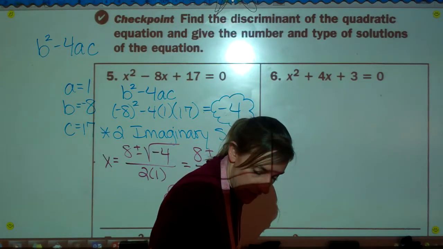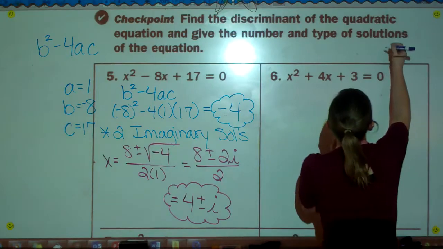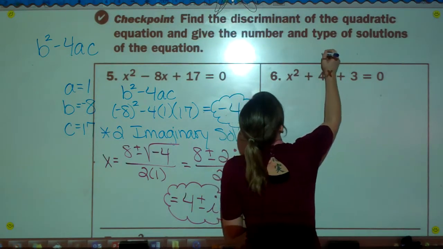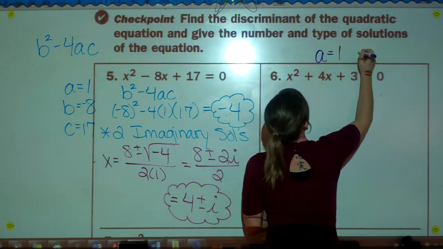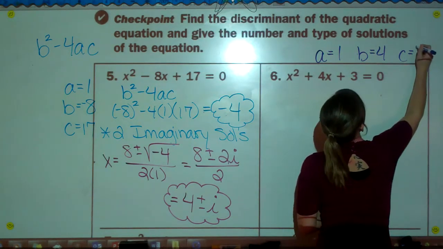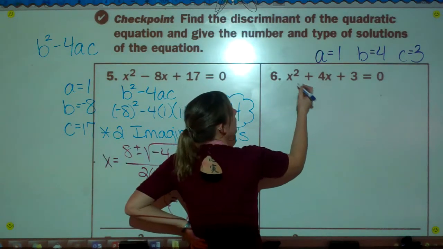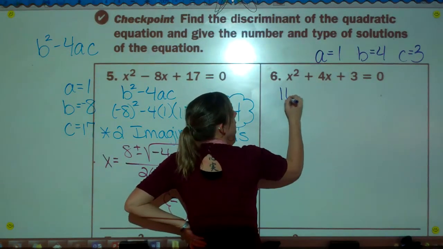Okay, so let's do that again. I'm going to write it across the top so we can see it. A is 1, B is 4, and C is 3.